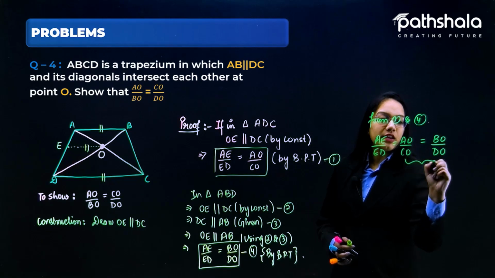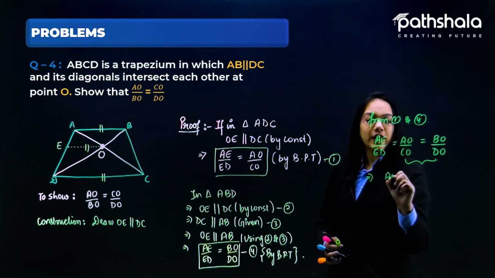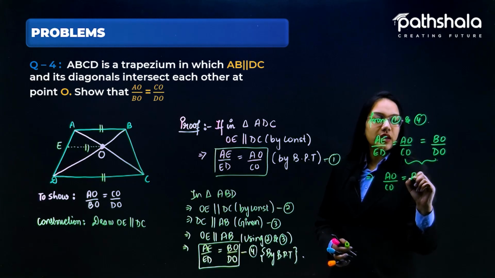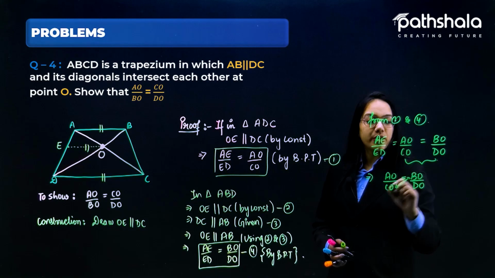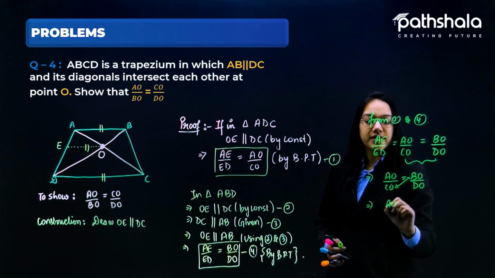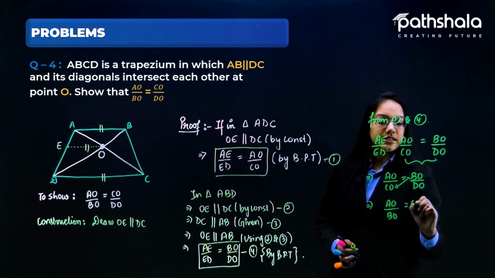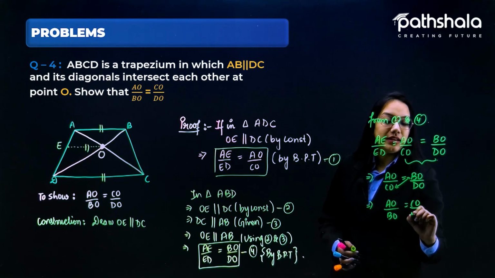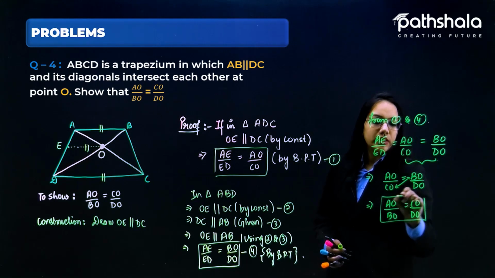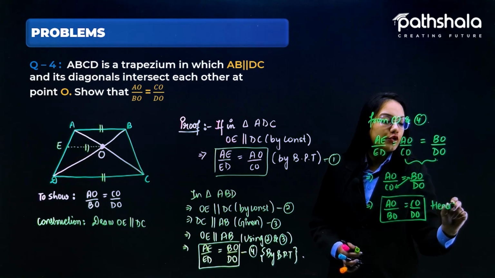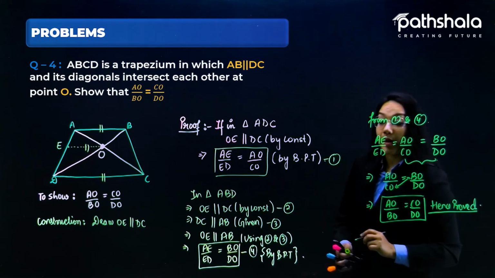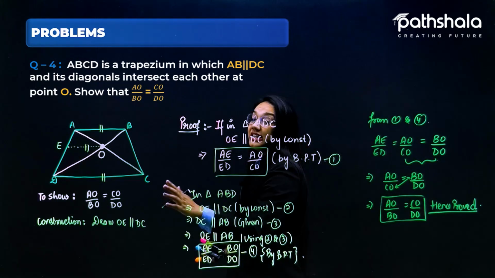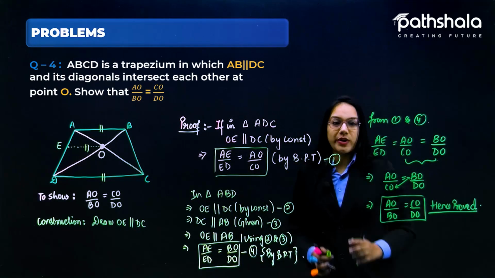So AO by CO is equal to BO by DO, and further we can interchange their positions and write it as AO by BO is equal to CO by DO. This is the thing that we wanted to prove, that AO by BO is equal to CO by DO in the trapezium ABCD. So this is all about question number 4.